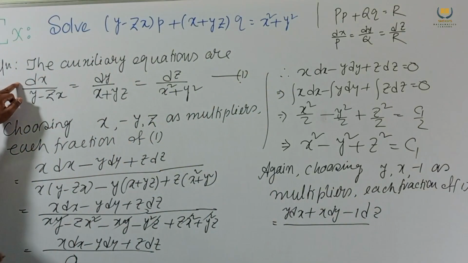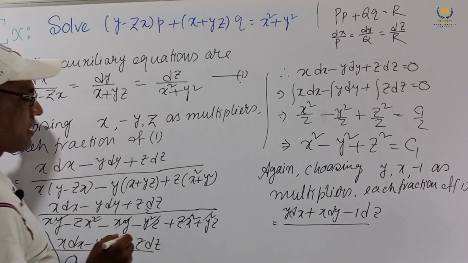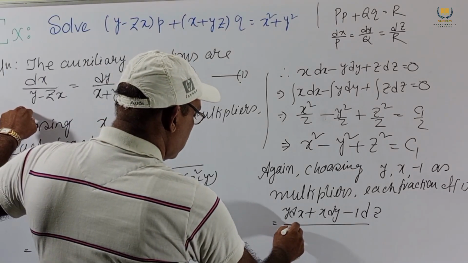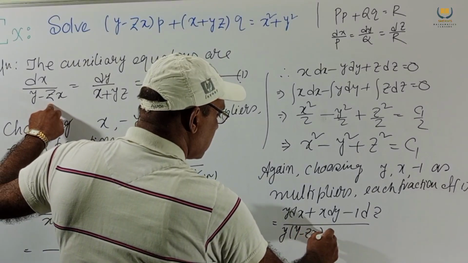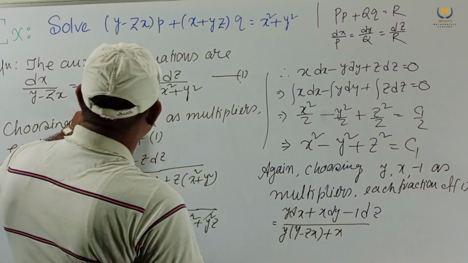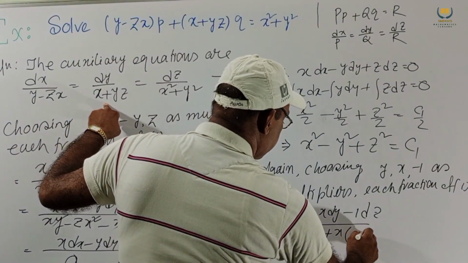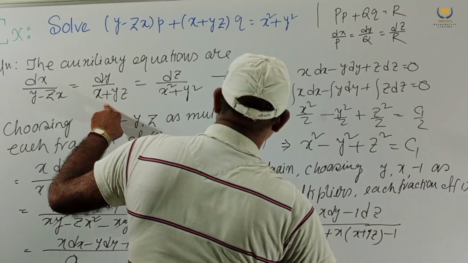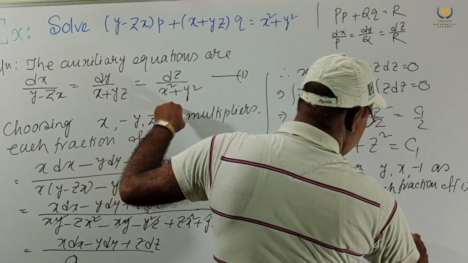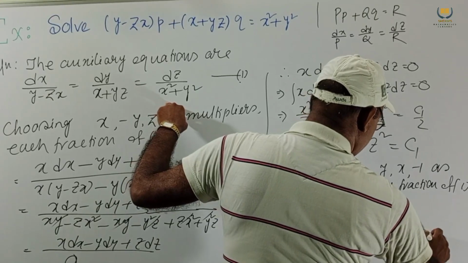This is multiplying by y, this one x and this one -1, and this equals y(y - zx) + x(x + yz) - 1(x² + y²).